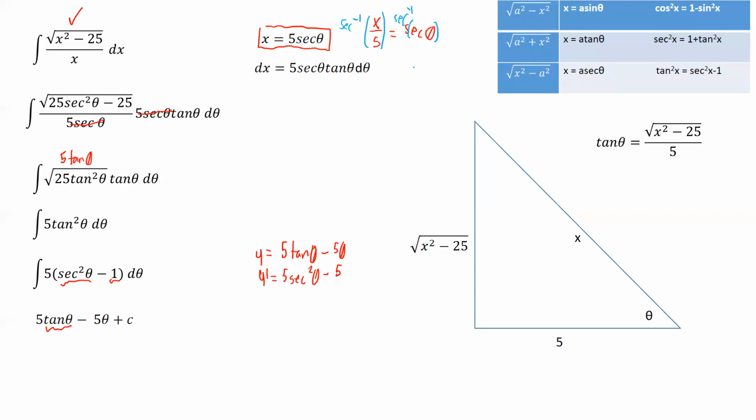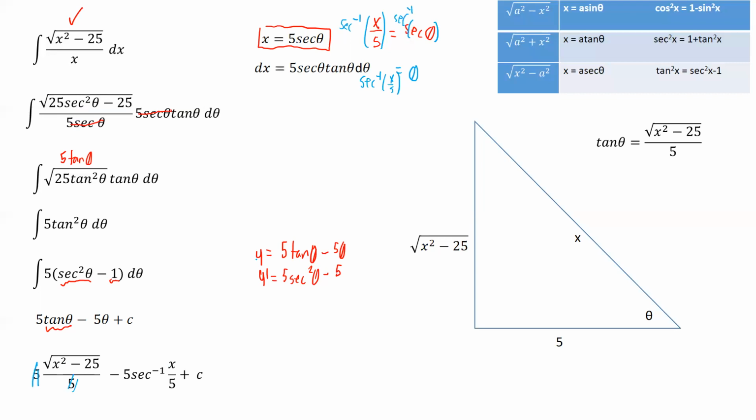So the arc secant of the secant is just theta, and that's the arc secant of x over 5. Okay, so down here, that's what we've got. 5 times tan theta, and then minus 5 times the arc secant of x over 5. Clean it up a little bit, and that would be our answer.